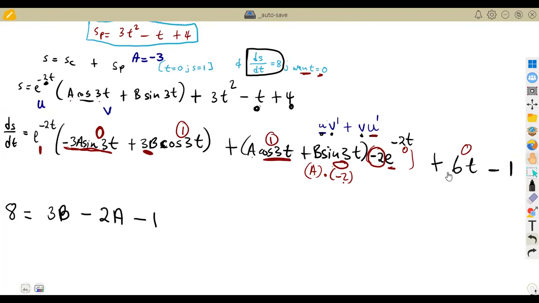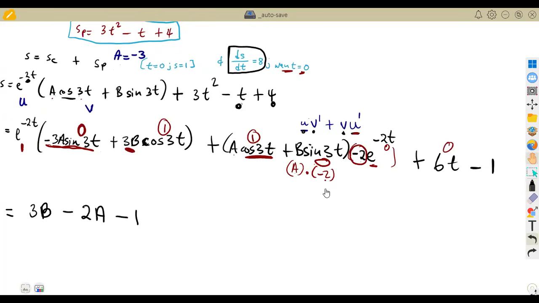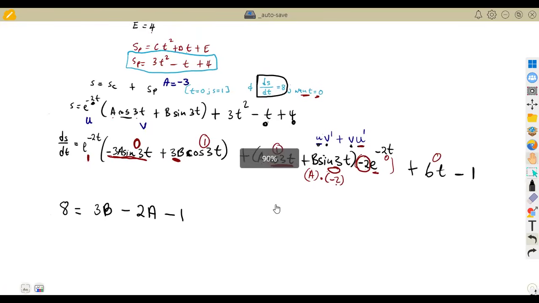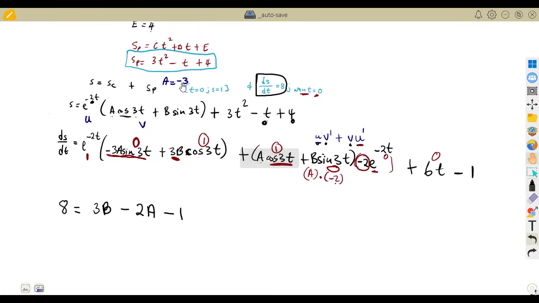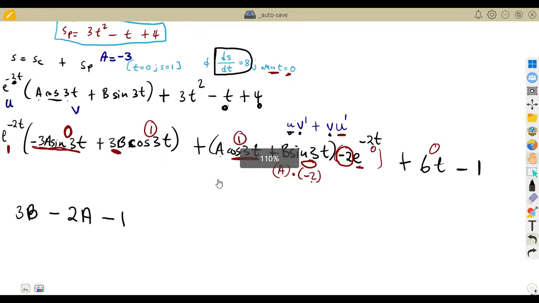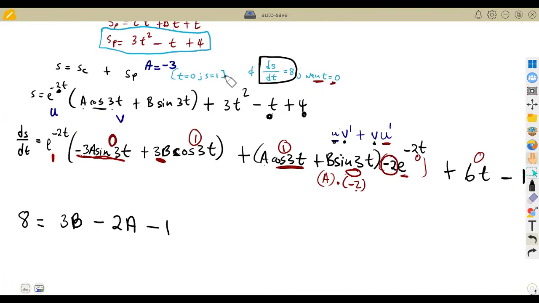All right, do we have another term? No, this is what we have. So we have formed an equation, but knowing that a is equal to minus 3, which we calculated before, we are going to substitute a, which is minus 3 here. So we have 8 is equal to 3b, minus 2 times minus 3, that's a positive 6, minus 1, which is 5.